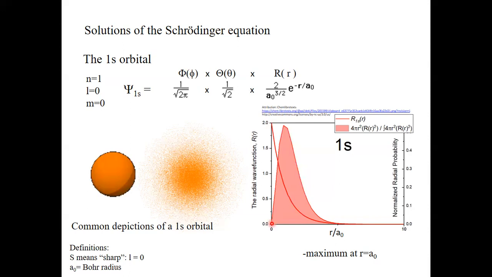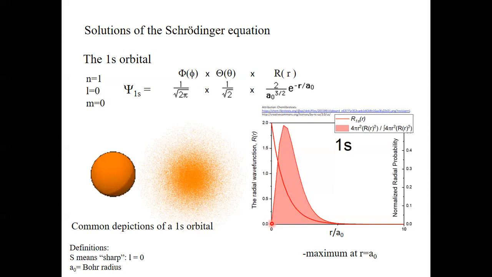Okay? If you look only at a single point in space, indeed, the probability to find that electron is the highest directly at the nucleus. Okay? So in a way, the atom is actually collapsed, right? But again, due to the wave properties of the electron, the electron can also be found somewhere else, not only closest to the nucleus.